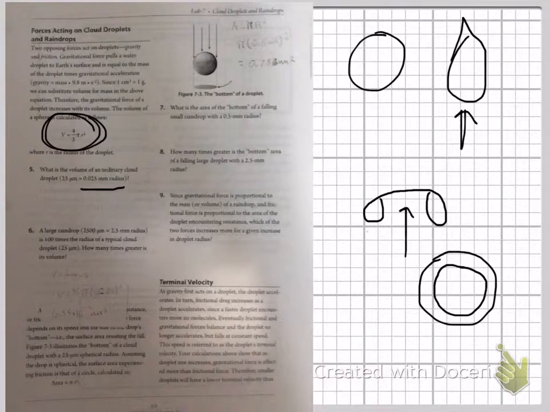which means that the area measurement has to take into account how the water droplet will flatten out into a disc-like shape. And so the area equation that you're going to be using to do questions 7 and 8 will be the standard area equation that you learned way back in school, which is area is equal to pi times the radius to the power of 2.